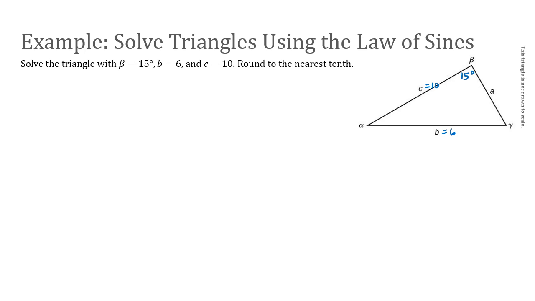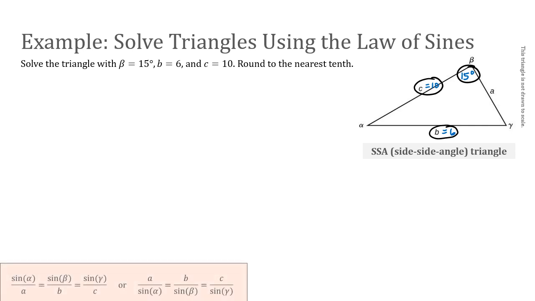In this situation, we are being given a side and another side and an angle. And we know that that's called a side-side angle triangle. And we know that we can solve that using the law of sines. We have an anchor with the 15 degrees and the side length across from it of 6.